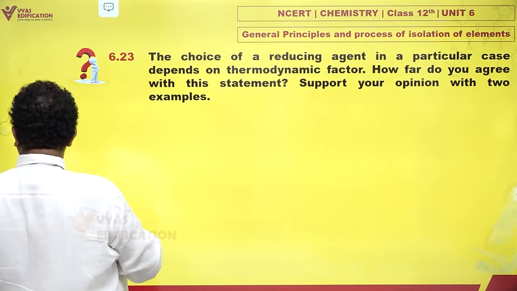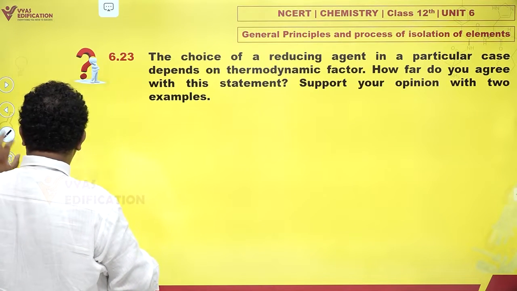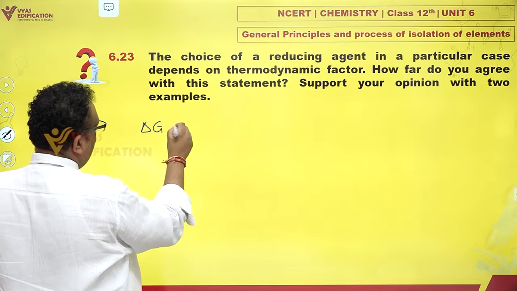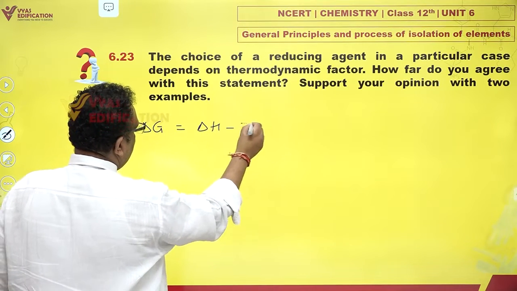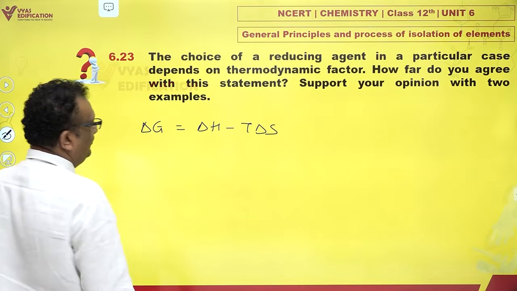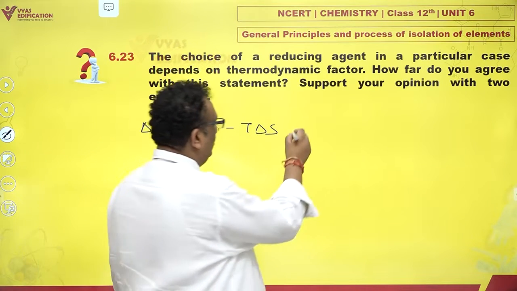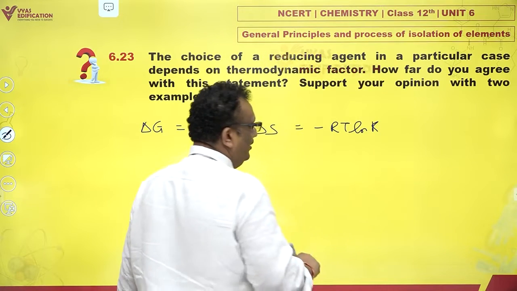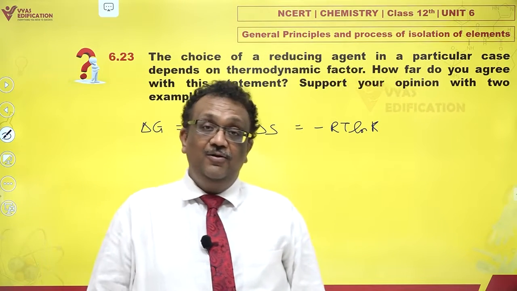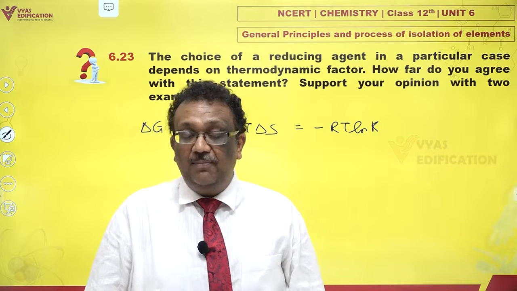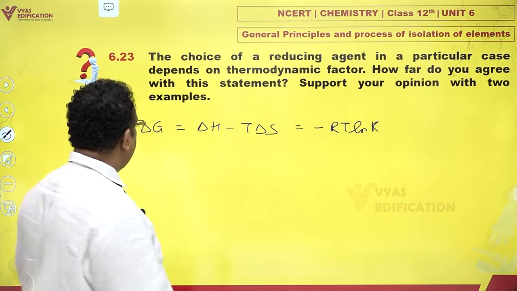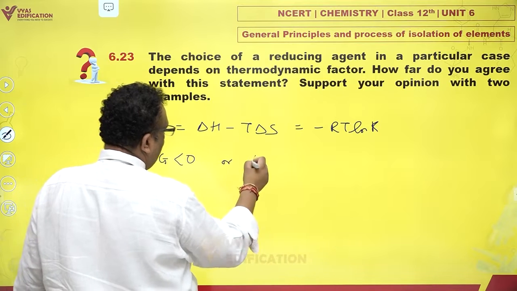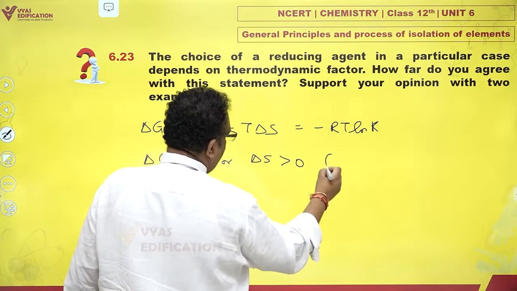Let us consider two very basic equations: delta G is delta H minus T delta S, and delta G is also minus RT ln K. Now, if we know that some reaction has to happen, that means delta G has to be negative, or delta S has to be positive.